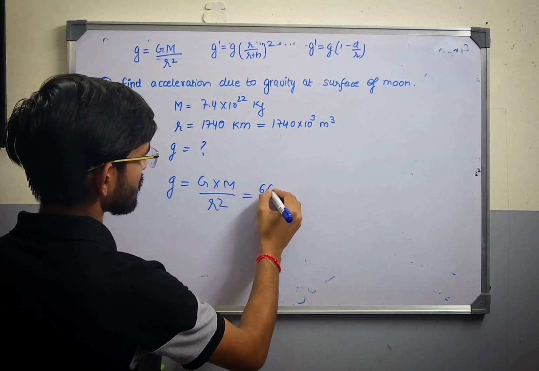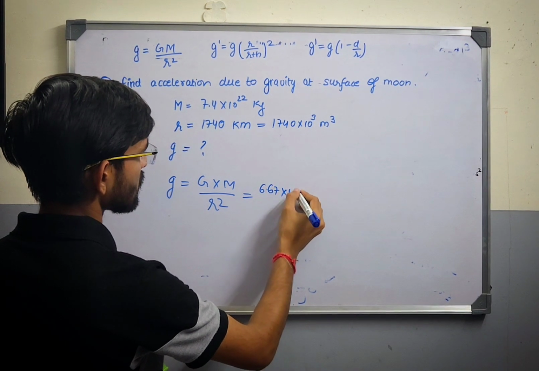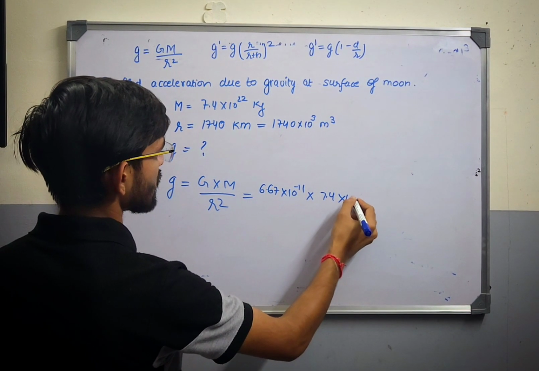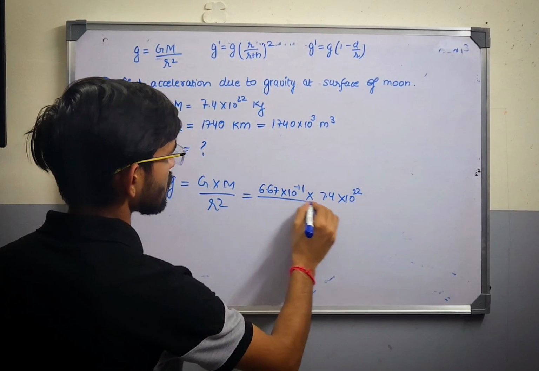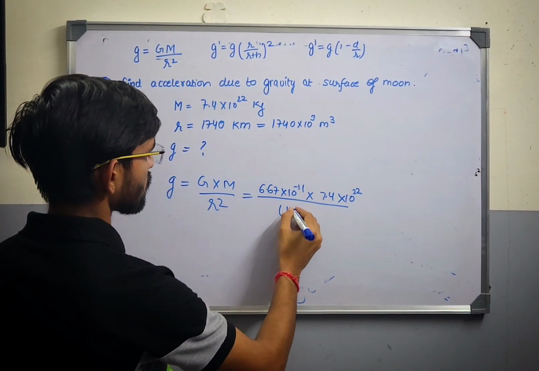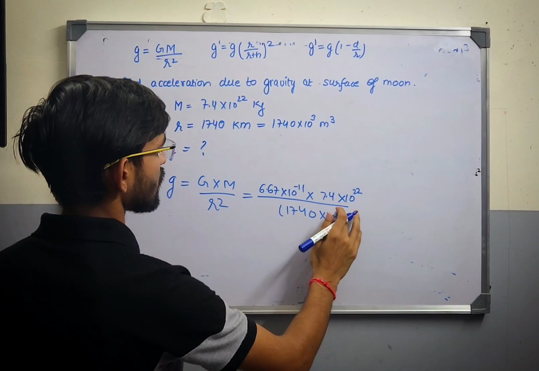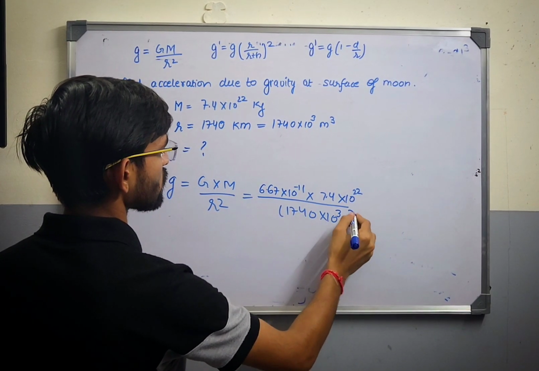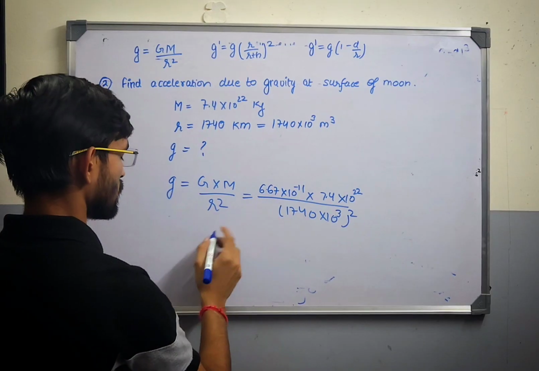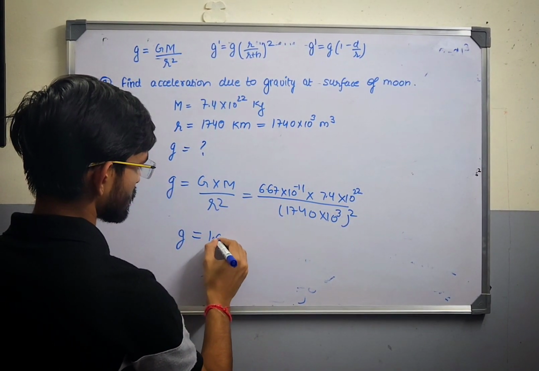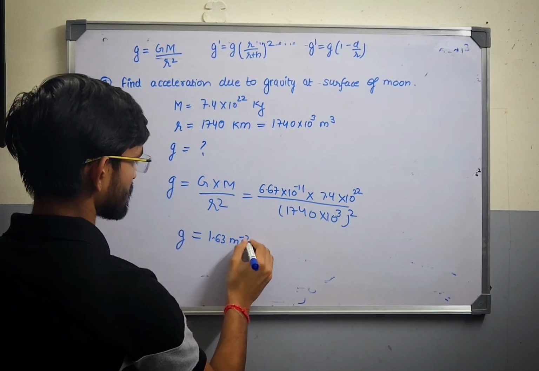So G is 6.67 × 10^-11, the universal gravitational constant, mass of Moon 7.4 × 10^22, upon radius of Moon whole square, (1740 × 10^3)². If you solve this equation, you will get g as 1.63 meter per second square.